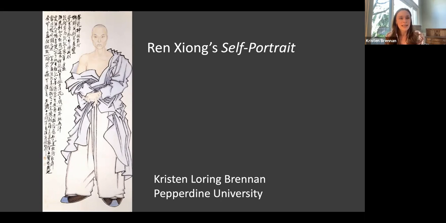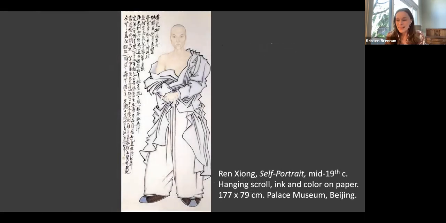Ren Xiong's painting, I think, is overall very useful for seeing the artist at the center of his world. And his world, of course, was 19th century Shanghai, a very momentous, tumultuous world that was swirling around him. Looking at this painting, I think there are a few different principles that we can peel out of it, and I'll speak about it in a few different steps.